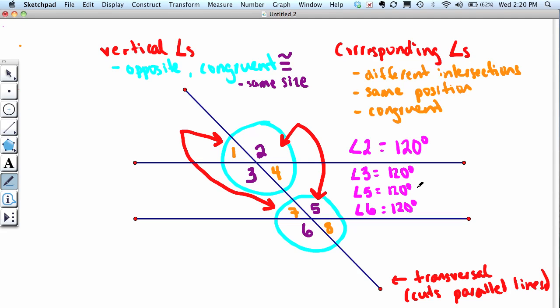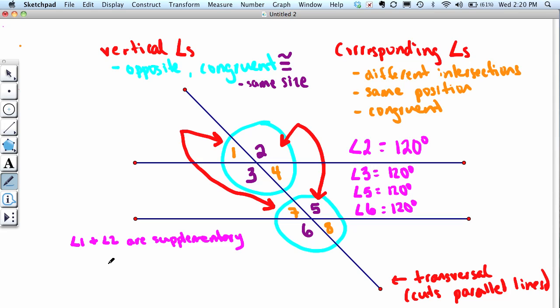Now, to find the value of the angles in orange, we need to use a different relationship. And the key here, remember, is that angle 1 and angle 2 are supplementary. And if you remember, supplementary means that they have a sum of 180 degrees.